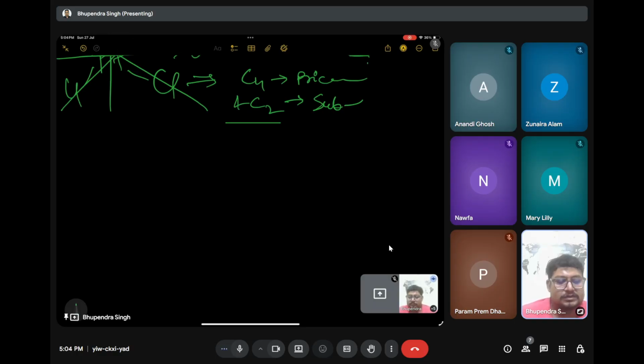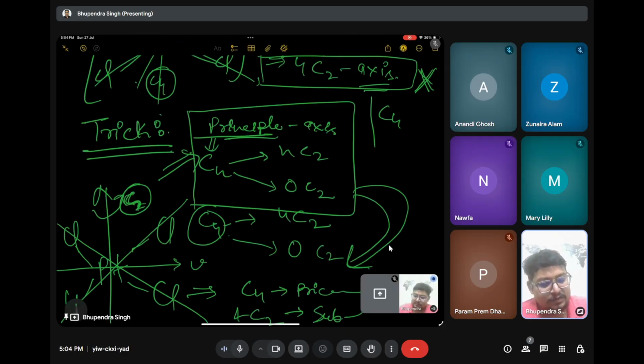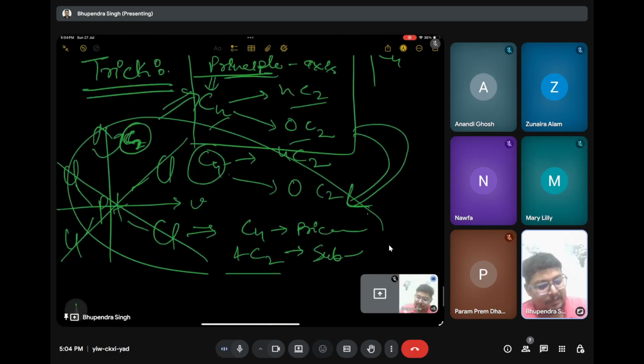If I only taught you the trick, that if you have a Cn principal axis then this, and I did not give you this example, you might not connect well how this trick works. If you are going for a national exam, CSIR, GATE, or any other exam, it will be beneficial for you. You will simply solve the problems.